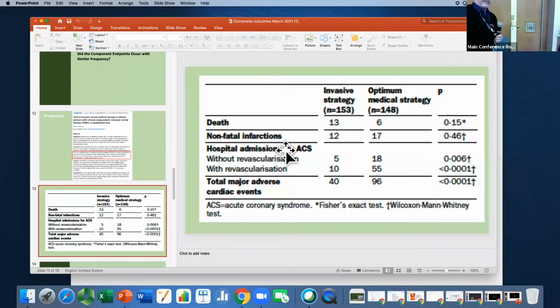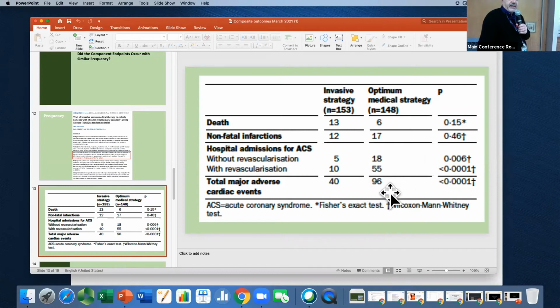So as you can see, death here, the numbers are small. Didn't happen enough times, and the difference was not statistically significant. Non-fatal infarction, small numbers, small frequency, not statistically significant.